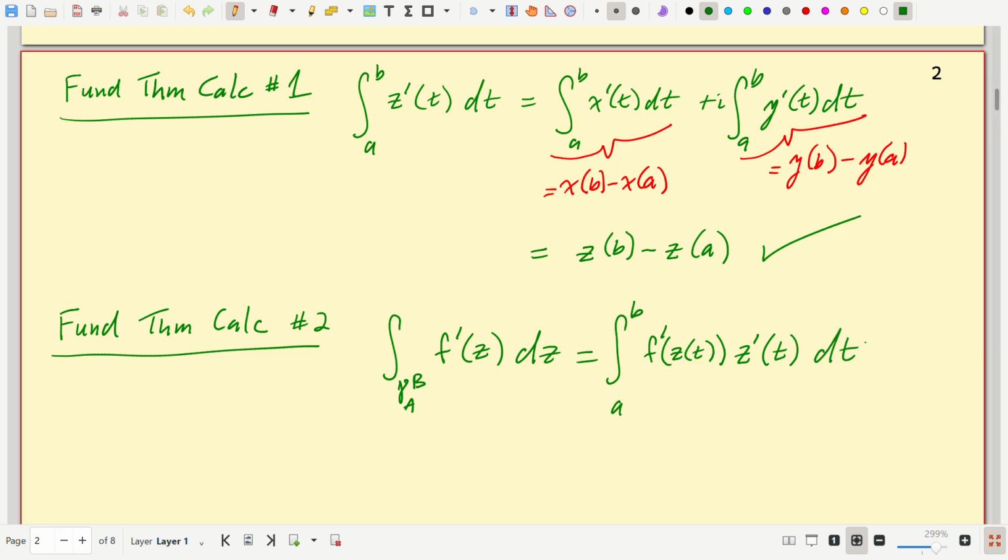And when you stare at that for 2 seconds, you realize, oh my gosh, that is the chain rule formula. That's d by dt of f of z of t, our new chain rule. One of our new chain rules.